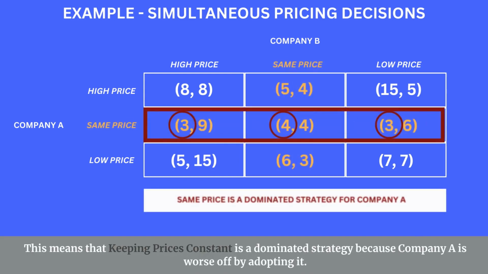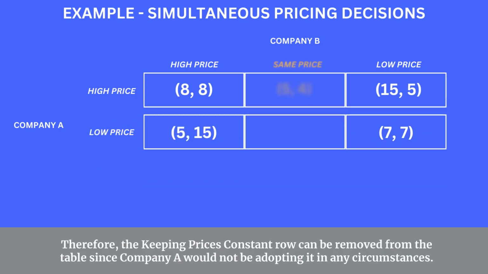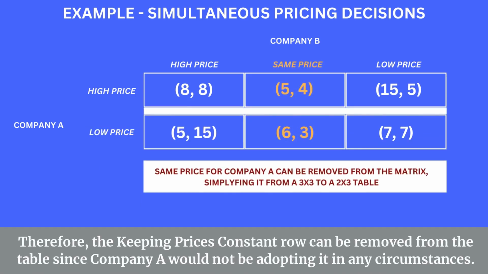This means that keeping prices constant is a dominated strategy because Company A is worse off by adopting it. Therefore, the keeping prices constant row can be removed from the table since Company A would not be adopting it in any circumstances.